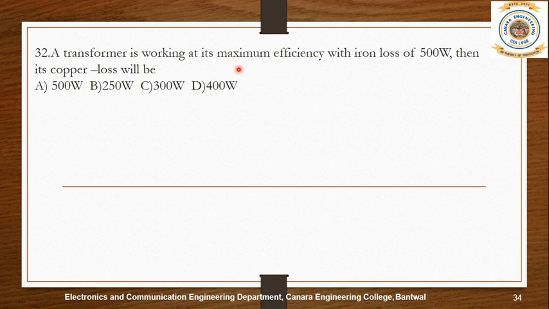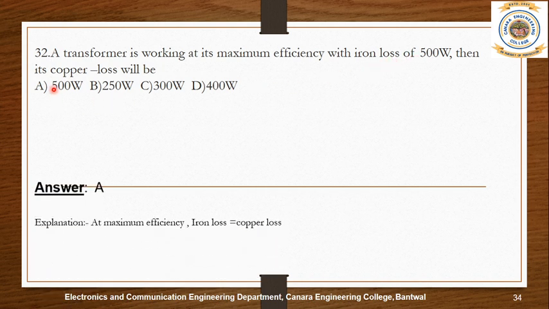Losses are minimum only when iron loss is equal to copper loss. When iron loss is equal to copper loss, then its efficiency is maximum. So that means copper loss is option A, 500 watts, same as the iron loss.